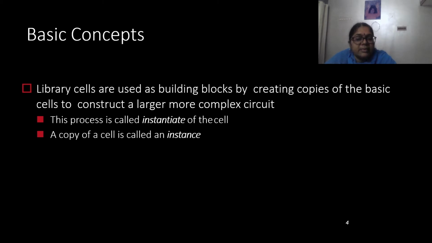So, in the example I have just told you, when I made use of an XOR gate and an AND gate to design a half adder, I have instantiated the XOR gate and AND gate, and each AND gate or each XOR gate which I have got is an instance.